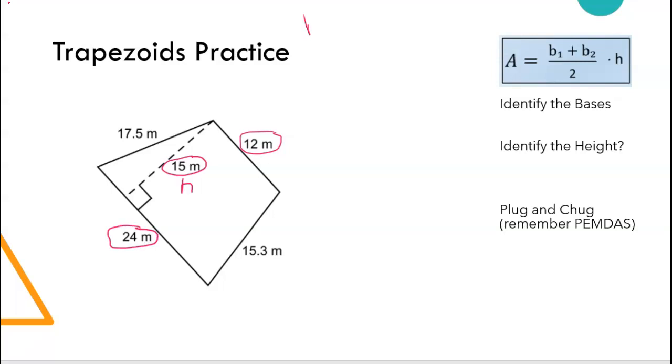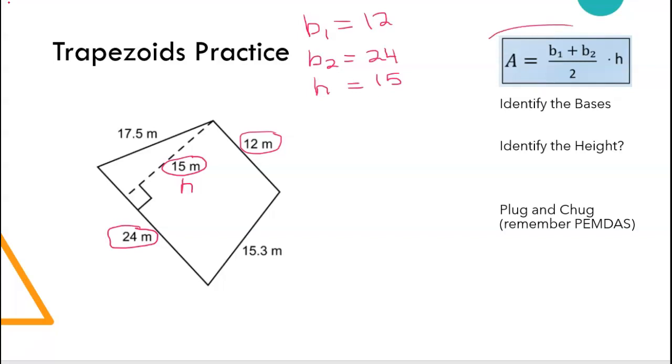So, somewhere on my scrap paper, base 1, I can say that that's 12, and base 2 is going to be 24. And my height is 15. So now I have all the information that I need to figure out the area of that silly old trapezoid.